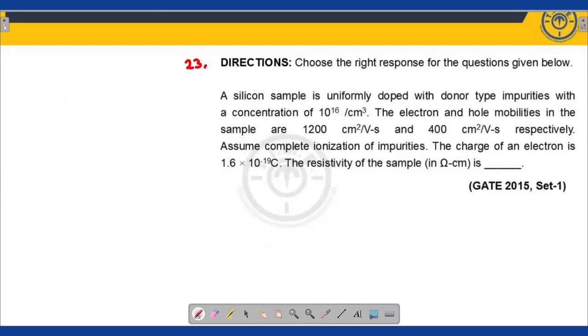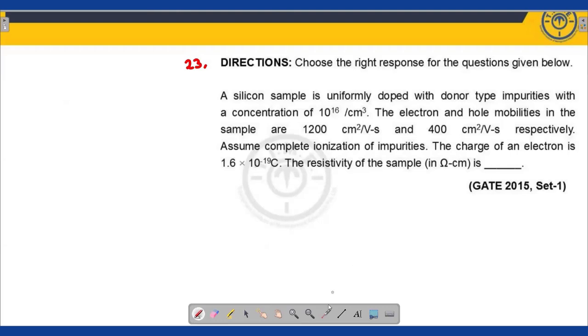Next question. My dear friends, every time the questions are very tricky and the answers are also like that. Now question number 23 is pretty important, my dear friends. See how you are getting the values.